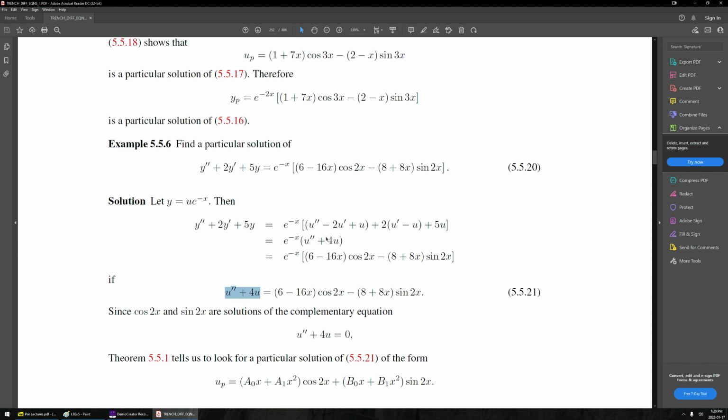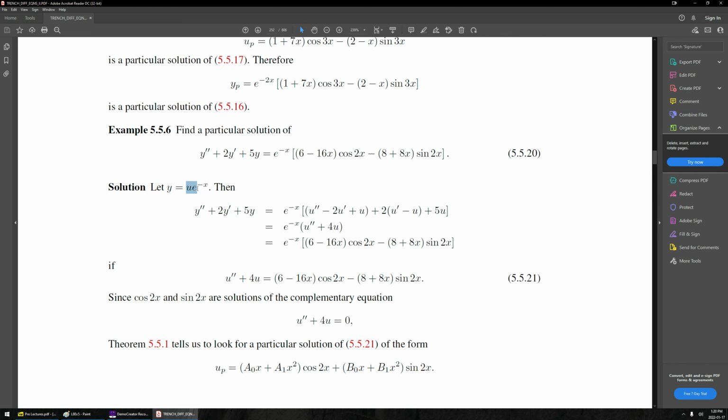That tells us that we can't guess the particular form of these polynomials directly based off of whether or not this e to the negative x cosine of 2x, and same thing for the sine term, solves the complementary equation, but we do in fact need to make this guess here first, right? There are ways that you can avoid going around it. They're just not really computationally worthwhile.